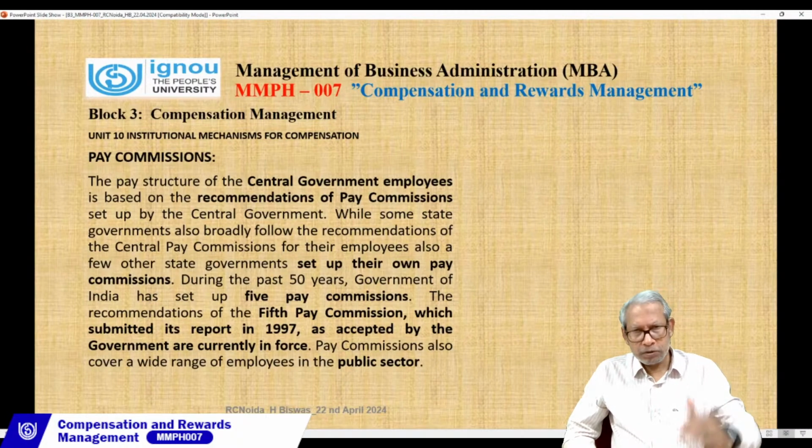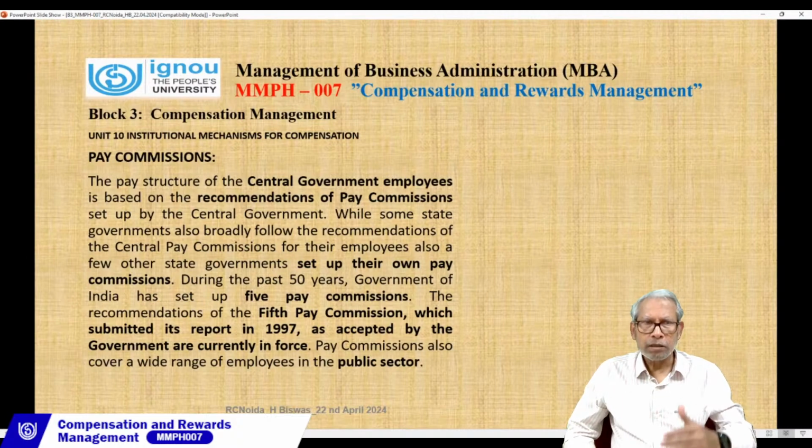Because you see here the process: first the pay commission's recommendation is required, the recommendation has to be put up, the central government will see it, finally it will be published, accepted by the government and put in force.